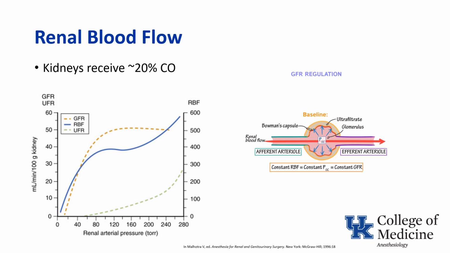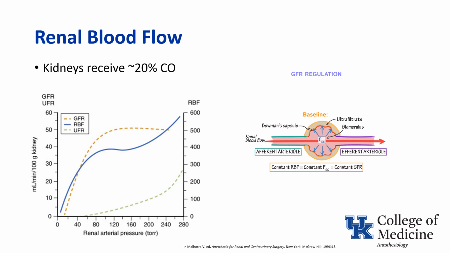It is dependent on a couple things, right? Your glomerular filtration pressure, which turns out to be a function of your renal arterial pressure, your afferent and efferent arteriolar tone, right? So the afferent arterioles are going to the kidneys, and the efferent arterioles are the arterioles that leave the kidney.